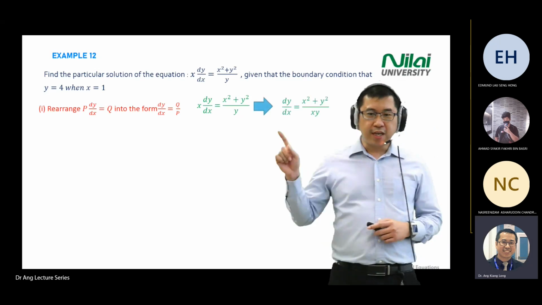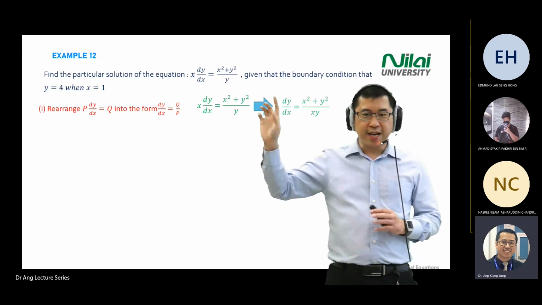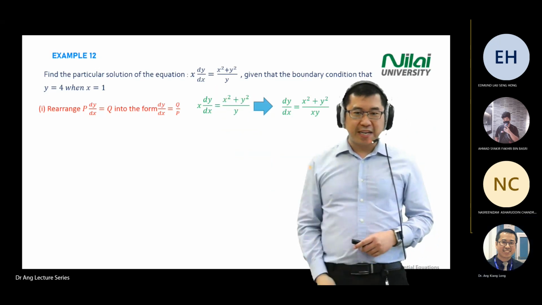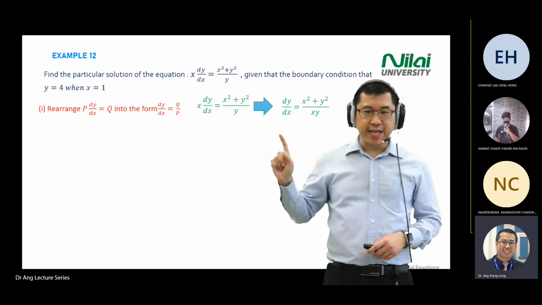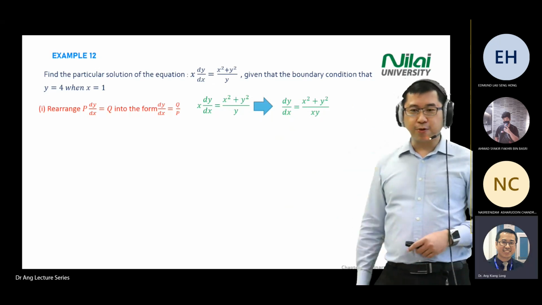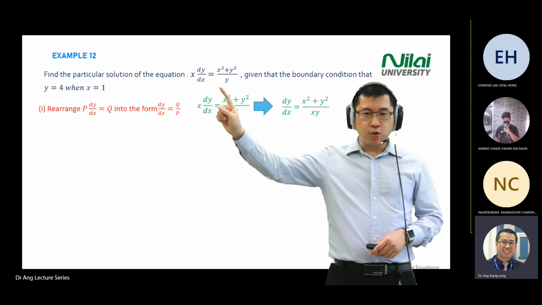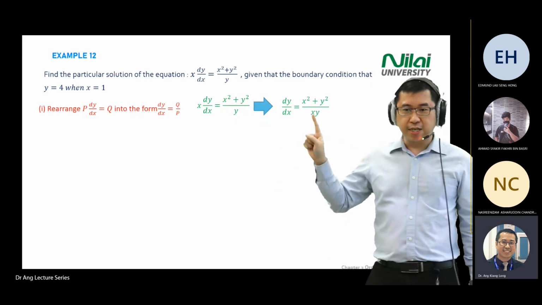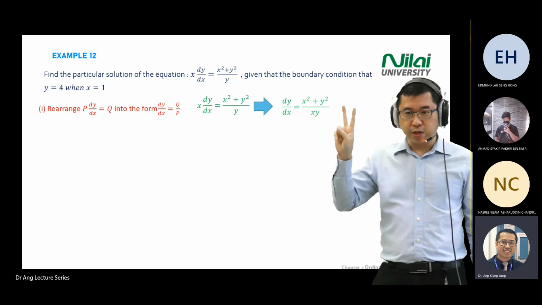So if you look at the question, first impression, yes, I agree with you, it's not. But after you write dy/dx, check again, because we are using dy/dx to solve the question.